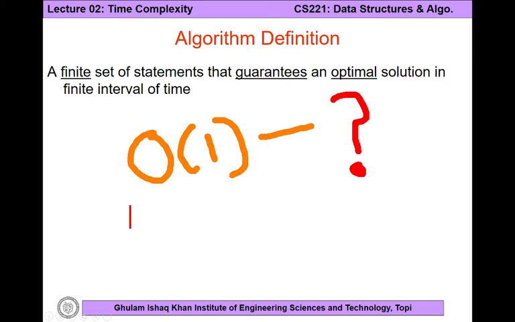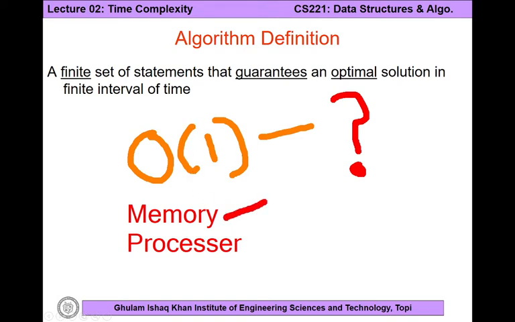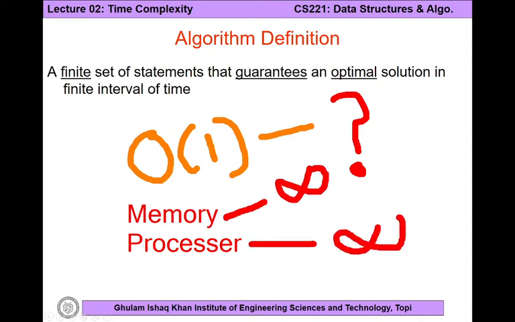Such computers, rather every computer, has memory and processor, right? Such computers on which these problems can be solved in order of one time have infinite memory and they have infinite processing power, right?